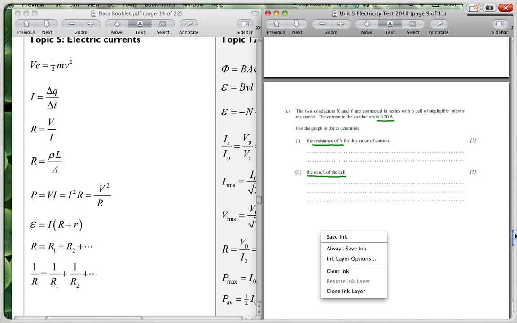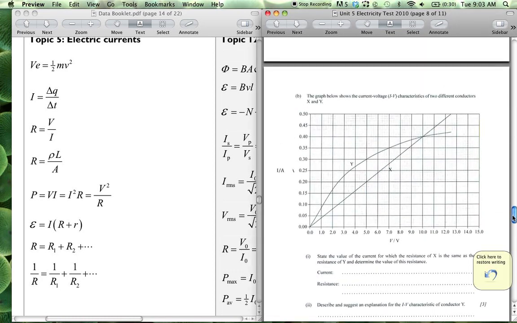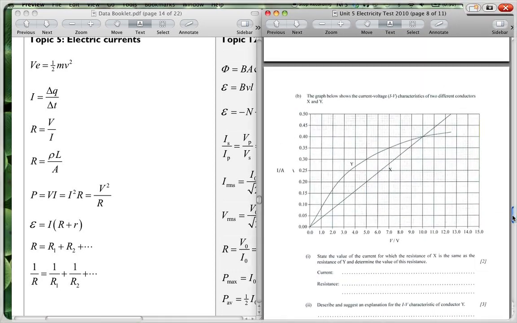We're going to need to go back to our graph and have a look at that. If I go across here at 0.2, I can see here that I have got a voltage for my X of 5, and here for my Y of 2.5.